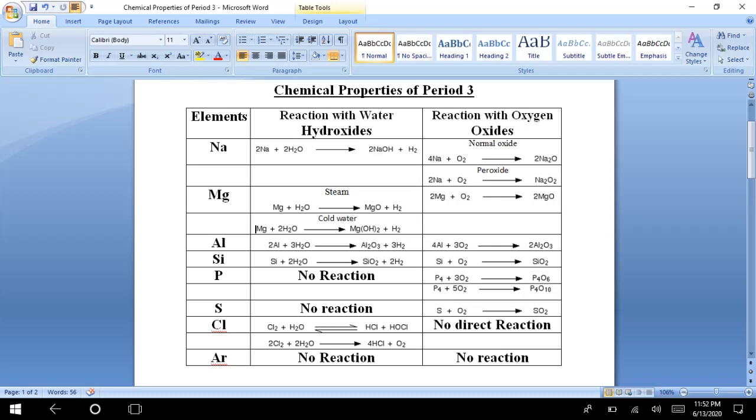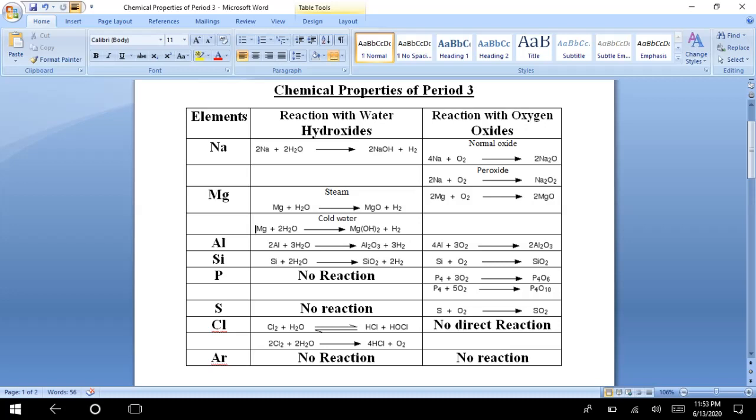But in sodium peroxide, the oxidation state of oxygen changes to -1. So with a different oxidation state, your products will be different.